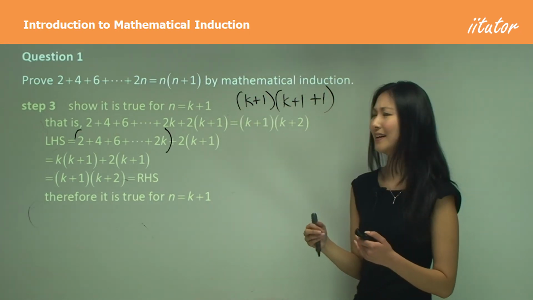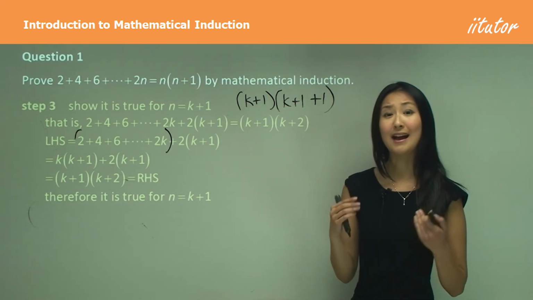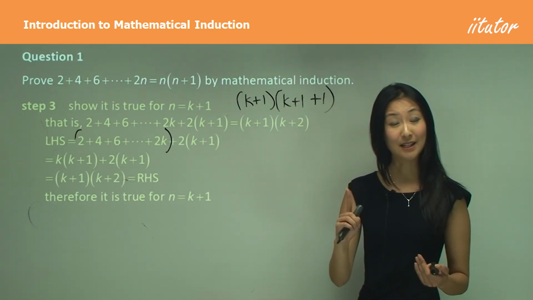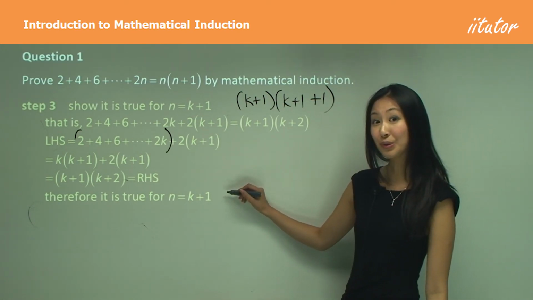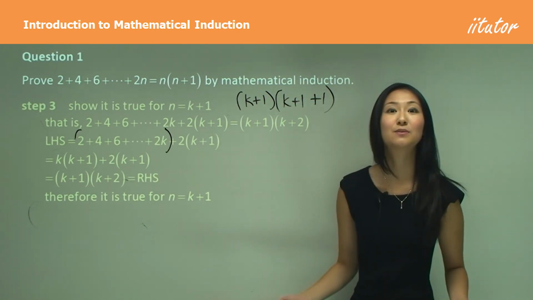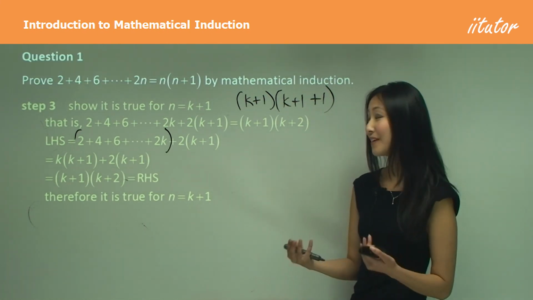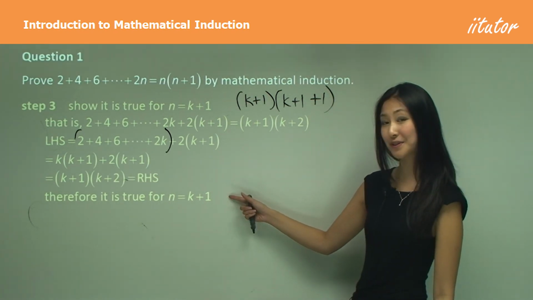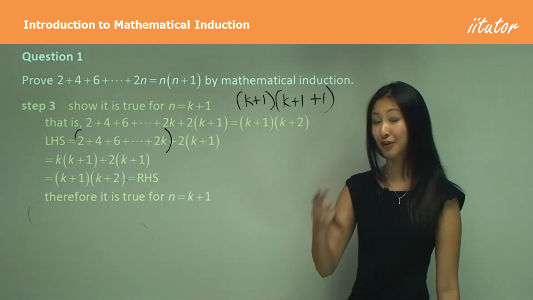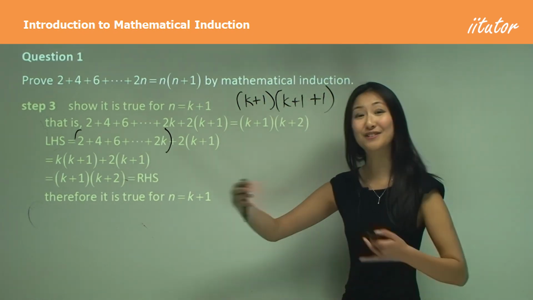Now, I want you to consider what have we actually done in all these steps? Well, in step 1, we proved that it's true for n equals 1, didn't we? And now we've proved that it is true for n equals k plus 1. That is any number plus 1. So we've actually proved that it is true for n equals 1. And when k equals 1, it is true for 2. And also true for n equals 3 and 4 and so on.